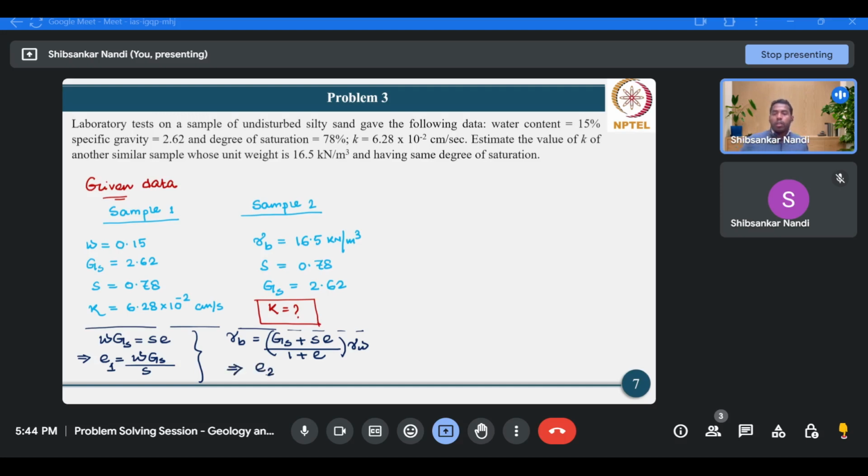Now you have to check whether these two values are the same or not. If the same, then there should not be a variation in the hydraulic conductivity for these two samples.